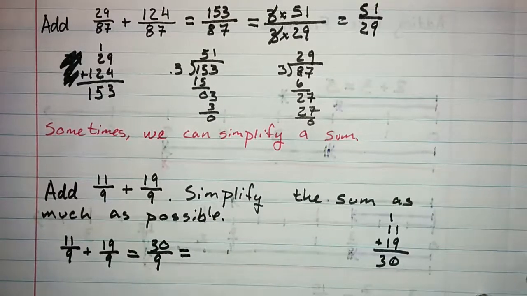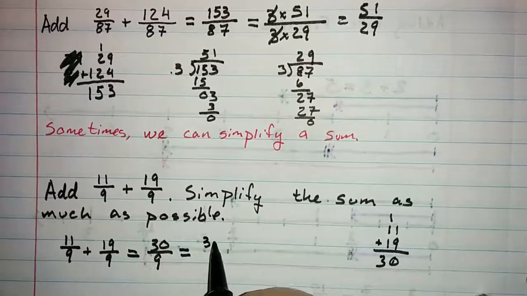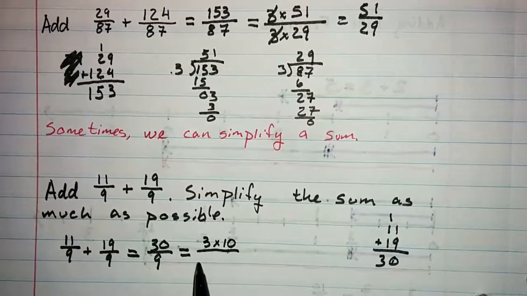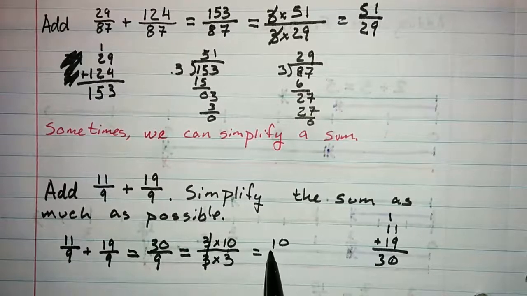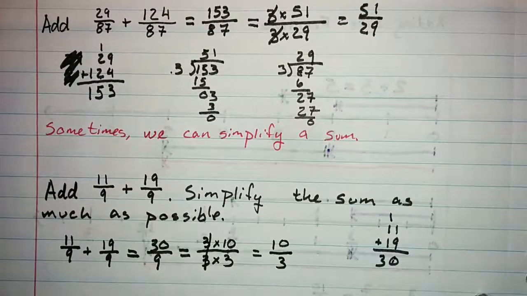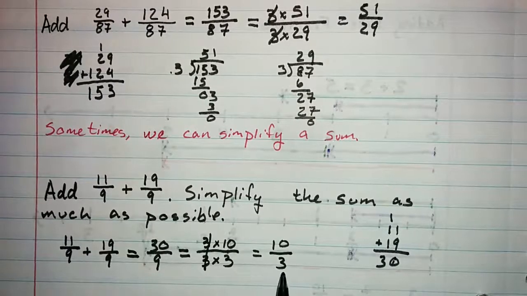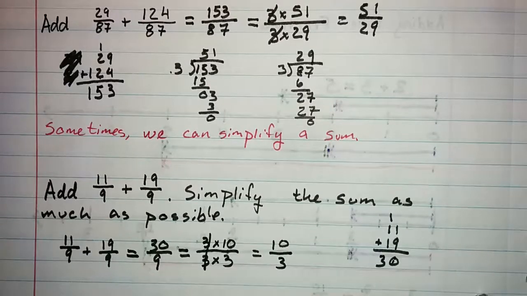Looking at these two numbers, I see that both are multiples of 3. 30 is 3 times 10. 9 is 3 times 3. So, simplifying, this is equal to 10/3. Only after simplifying will the denominator ever be different than my original fractions.